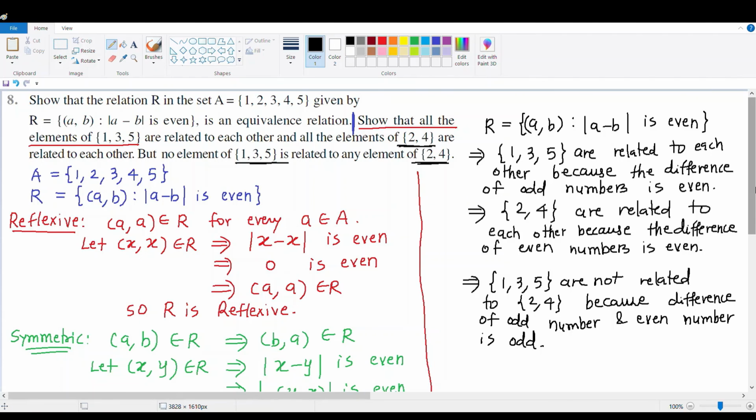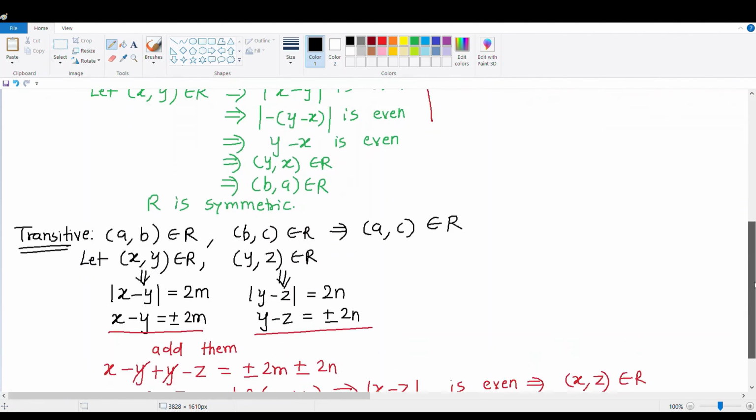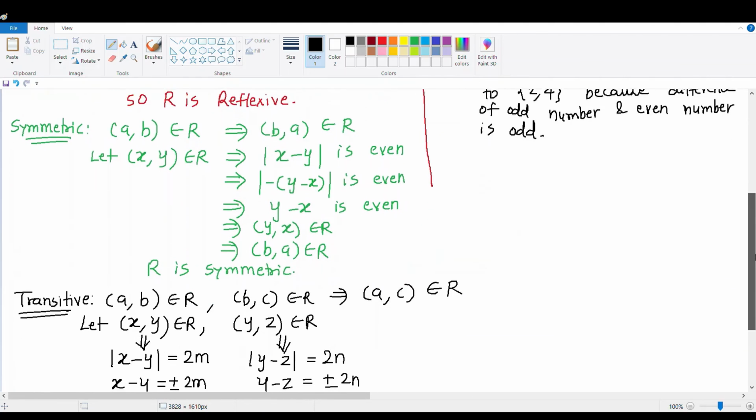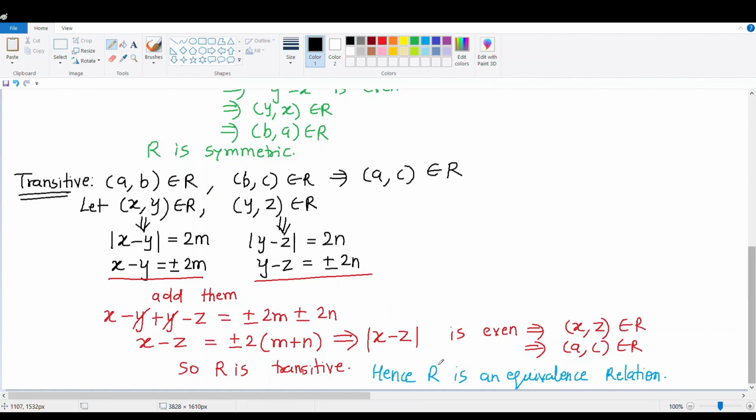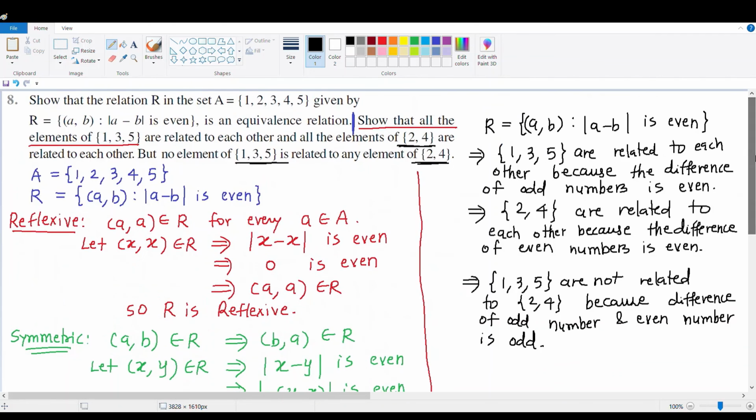So here we were supposed to show in the first part that it is an equivalence relation, which we did because we proved that it is all three. It is reflexive, it is symmetric, it is transitive, and then we said that hence R is an equivalence relation. And in the second part we were supposed to prove that 1, 3, 5 is related to itself.